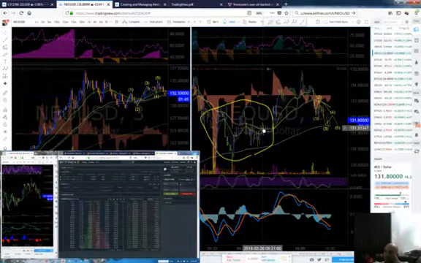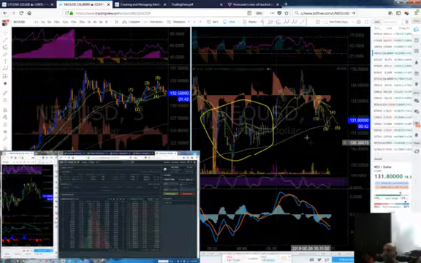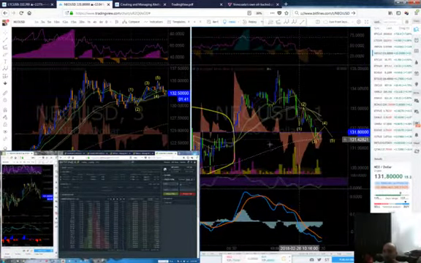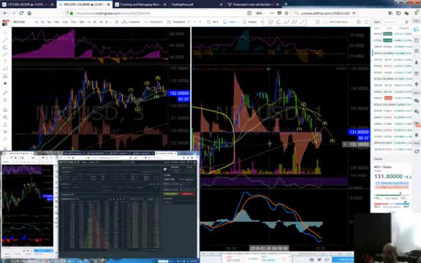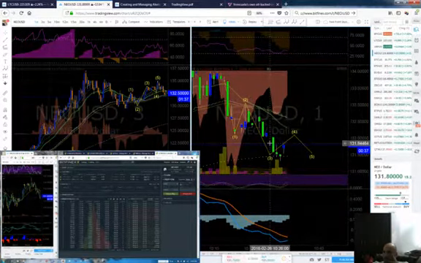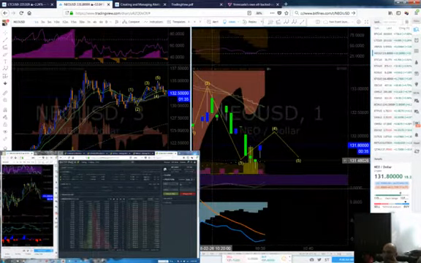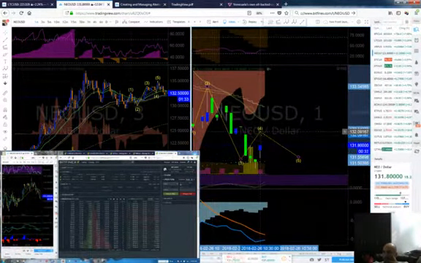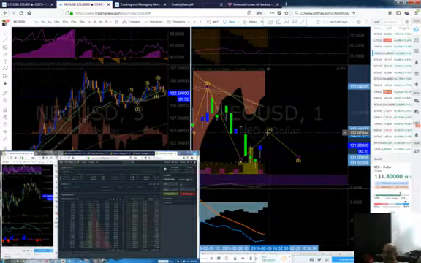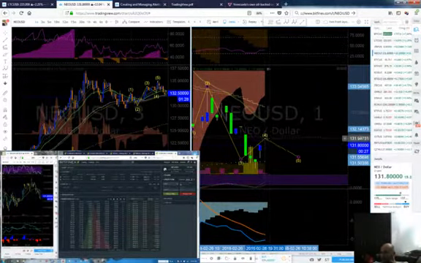Here's the support price as well. So let me catch it here. Oh, okay.